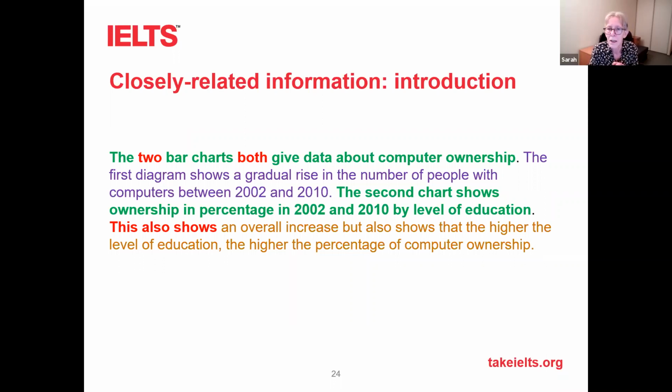Yeah, the trend, Sean, or in fact, it's the overview for the first diagram, bar chart A, a gradual rise in the number of people with computers between 2002 and 2010. So what about the information in brown? What is that?